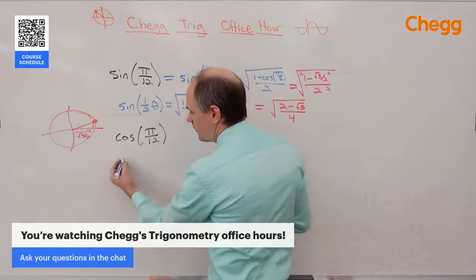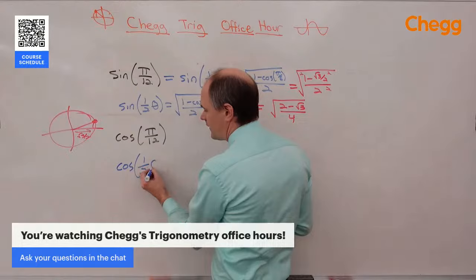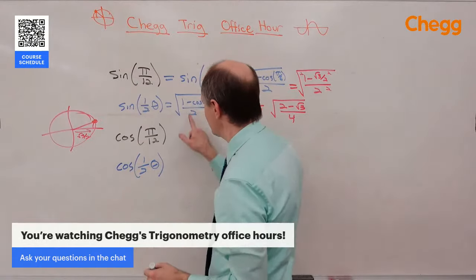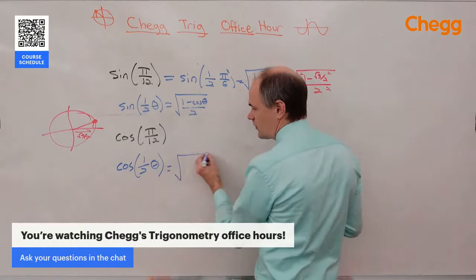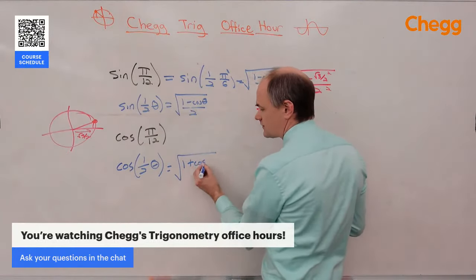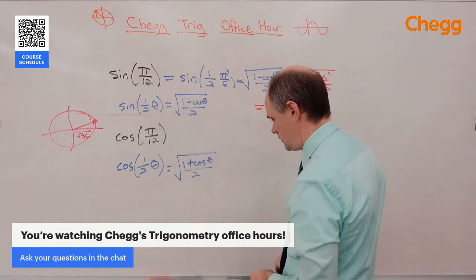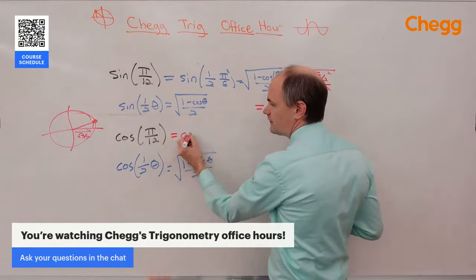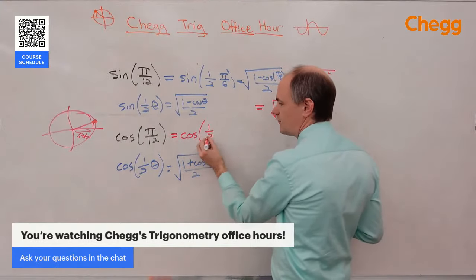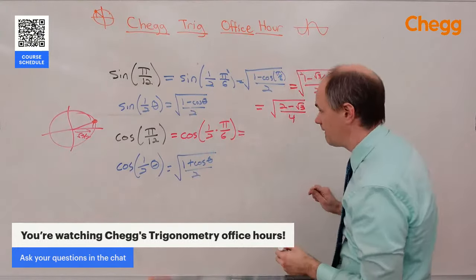For cosine, the formula for cosine of a half angle is very similar. Half of the angle theta. The only difference is instead of a minus here, there's going to be a plus there. So it's the square root of 1 plus the cosine of theta, over 2. So if I want to evaluate the cosine of pi over 12, that's the cosine of 1/2 of pi over 6.